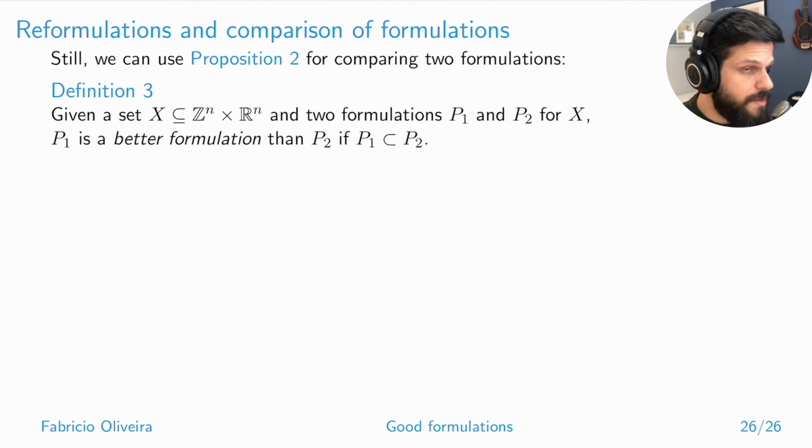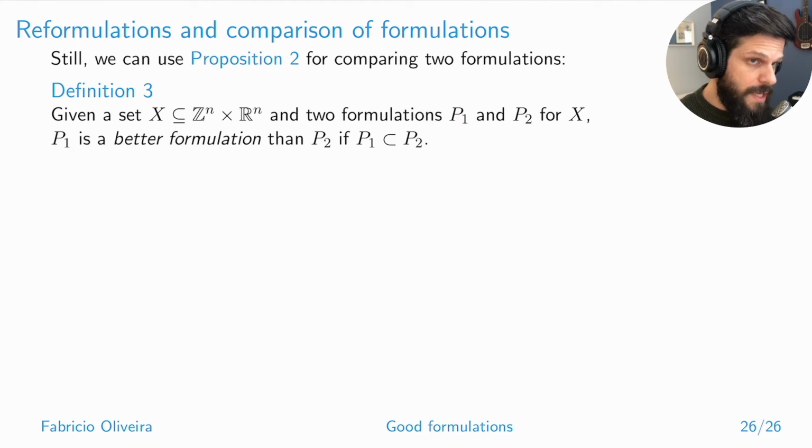Nevertheless, because we know this notion of ideal formulation, we can define a structured, pragmatic way to compare formulations. Basically what we do is the following. We have a mixed integer set, and we have two formulations P1 and P2.